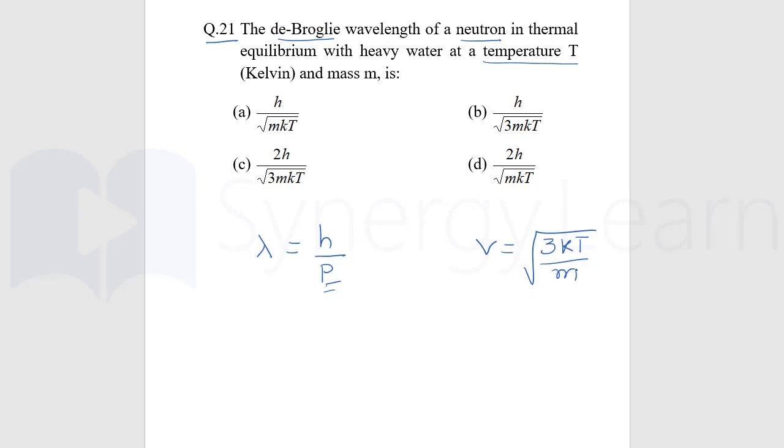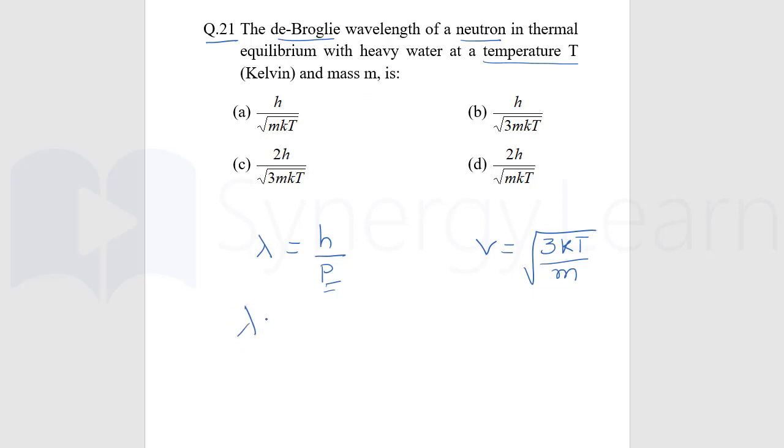See, if m is the mass of an individual molecule, then we will use k, Boltzmann's constant. If m is the mass of 1 mole of the gas or the species, then we will use the gas constant. That is, for molar mass we will use the gas constant, for an individual molecule we will use Boltzmann's constant. So here it is a case of an individual molecule, so we will use Boltzmann's constant.